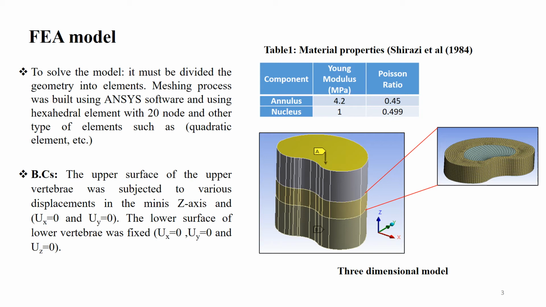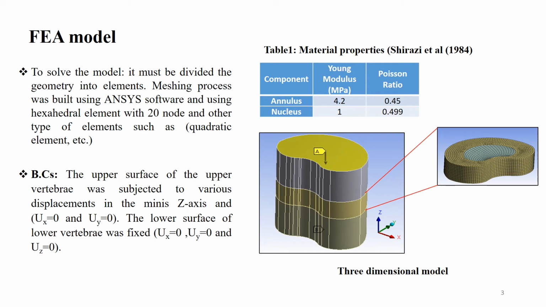For the boundary condition, the lower surface of the lower vertebral body was placed under an encastre boundary condition, which essentially fixes the surface from movement, as shown here: the displacement in the x, y, and z directions is set as 0.